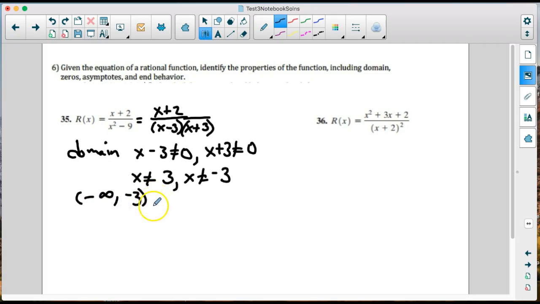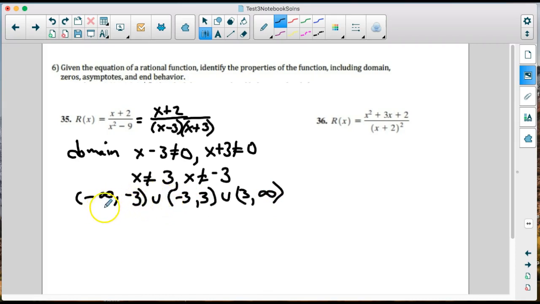We're not going to include negative 3, so we'll put an open parenthesis there. Then we'll go from negative 3 to positive 3, and then we'll finish by going from 3 to infinity. So that would be the domain written in interval notation.